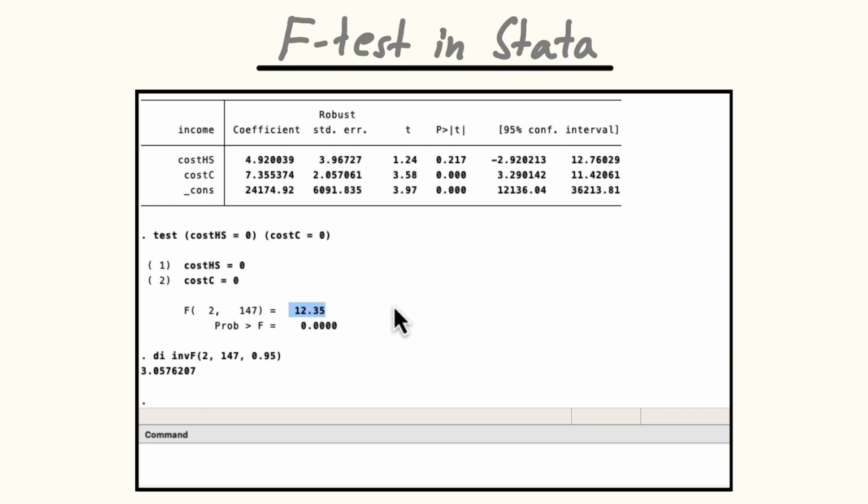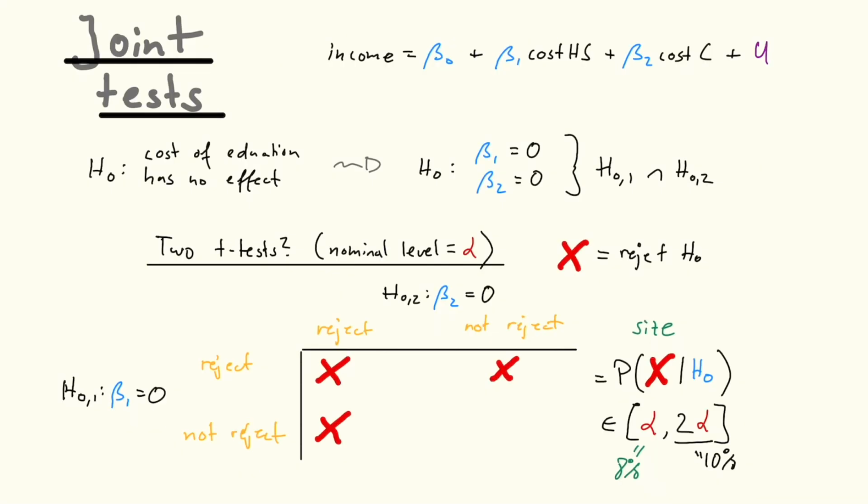What do we conclude if the test rejects? If we reject our null hypothesis, then we believe it to be false. What does it mean for this null hypothesis to be false? It means that out of all the possible configurations of beta 1 and beta 2, we're ruling out one configuration, and this is the configuration where they are both equal to 0.